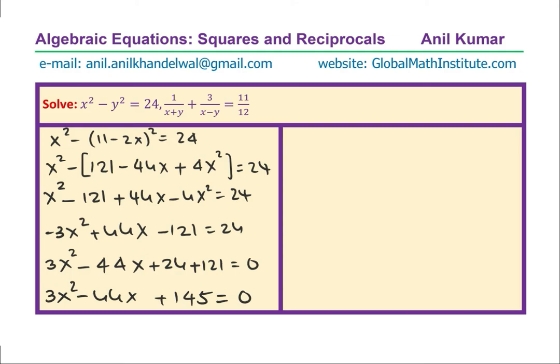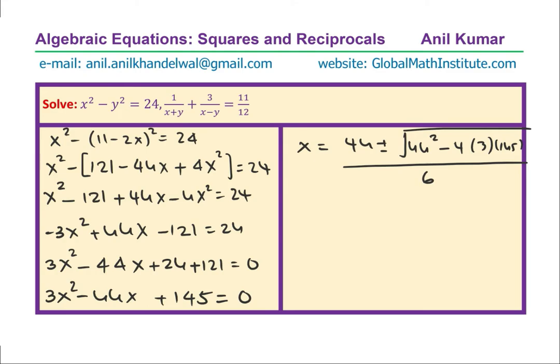So you can now apply the quadratic formula to find the solution, x being equal to minus b, which is 44, plus minus square root of 44 squared minus 4ac, 4 times 3 times 145, over 2a, which is 6. So that is what you get.